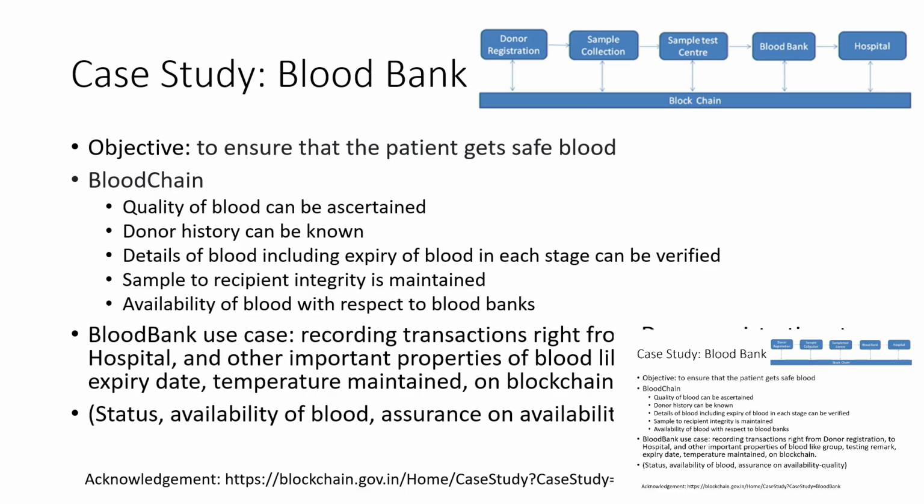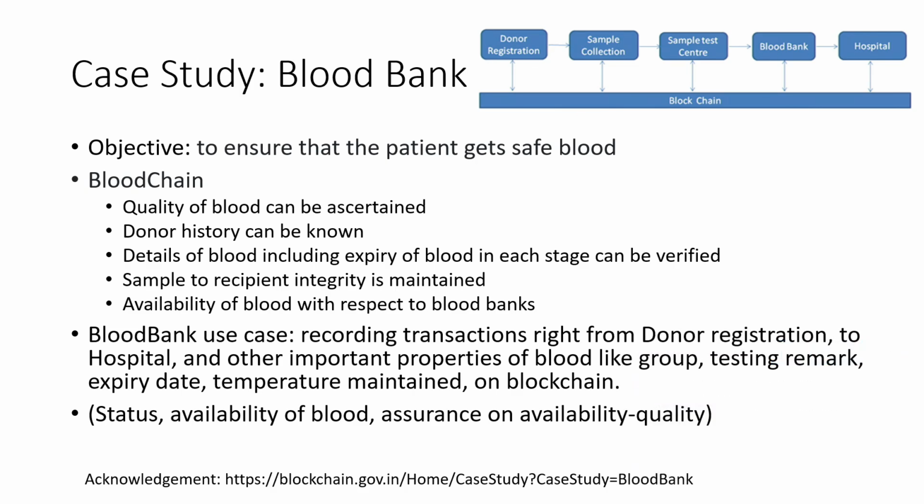So donor history can be known, even though it's interesting because in many cases you are not allowed to know personal information about the donor, right? You're not allowed to know the name of the donor, for example, but you should still be able to know some of the medical history. So there is an interesting trade-off here between privacy and quality assurance.